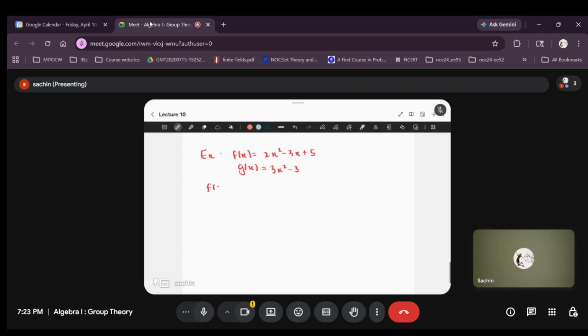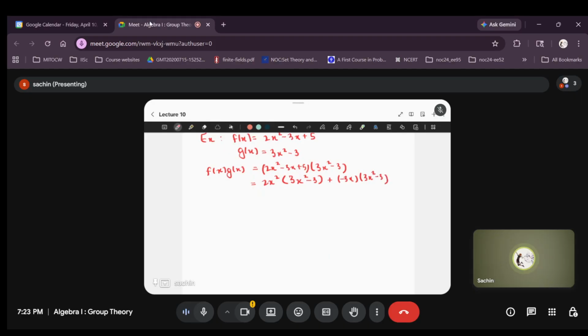Then f of x times g of x is, and this would simply be like normal multiplication: 2x² into 3x² minus 3, plus minus 3x into 3x² minus 3, plus 5 into 3x² minus 3, which is 6x^4 minus 6x² minus 9x³ plus 9x plus 15x² minus 15.